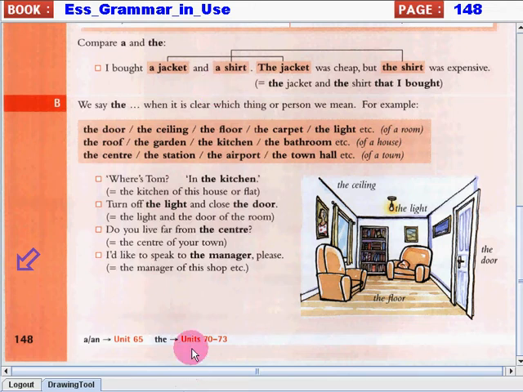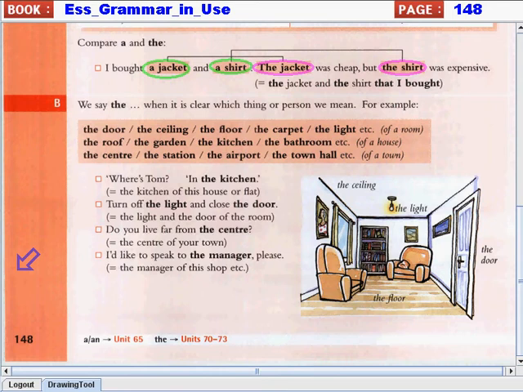If you can see here, in the first sentence, we said a jacket and a shirt. But in the second sentence, we said the jacket and the shirt. Now, in the first sentence, the speaker used the article a because at first he was talking about a jacket and a shirt that is not specific.